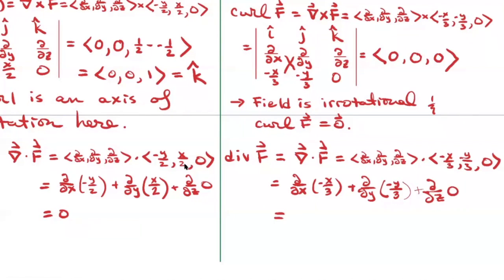So the divergence of that field is the partial with respect to x of negative x over 3, plus the partial with respect to y of negative y over 3, plus the partial with respect to z of 0. And of course, this one's going to be negative a third plus negative a third. So the divergence is negative 2/3.